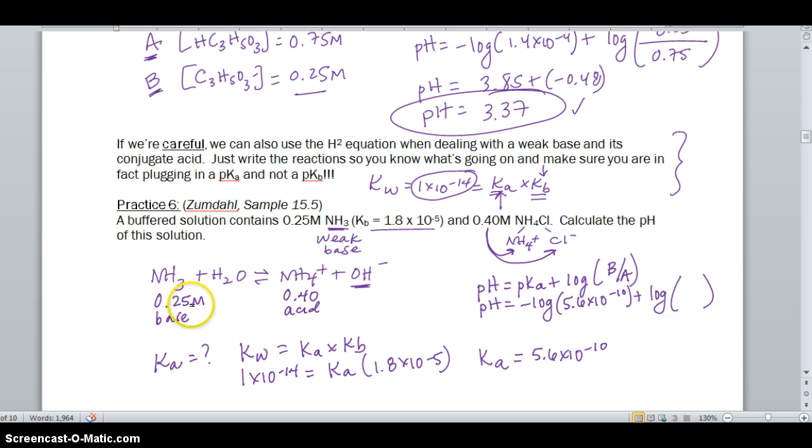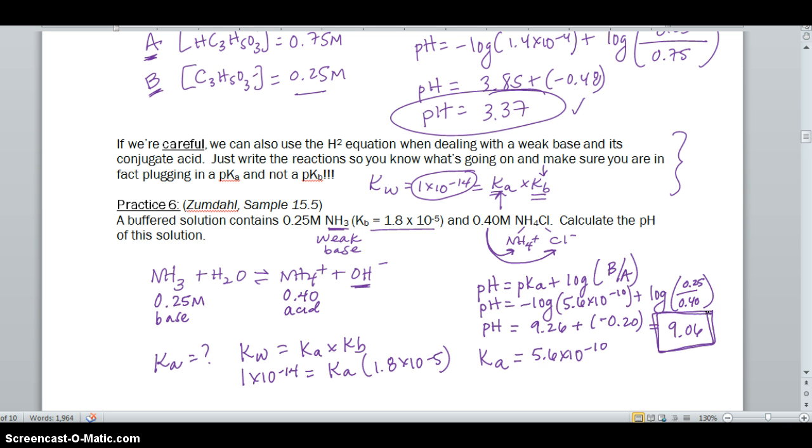So the base was the 0.25 molar, so that's going on top. And the acid, which is the conjugate acid, is the 0.40 molar. So this simplifies to pH equals 9.26 plus a negative 0.20. So our final answer is a pH of 9.06.